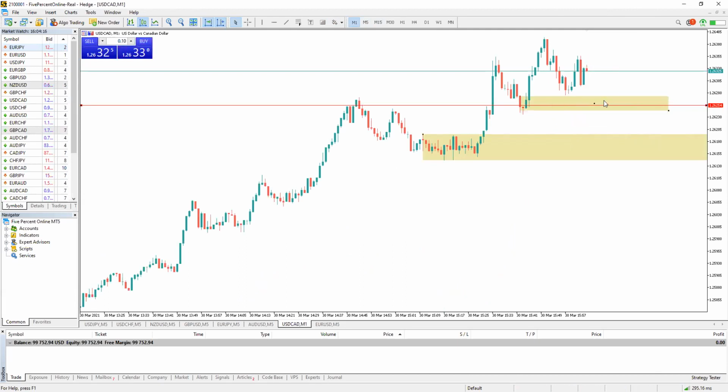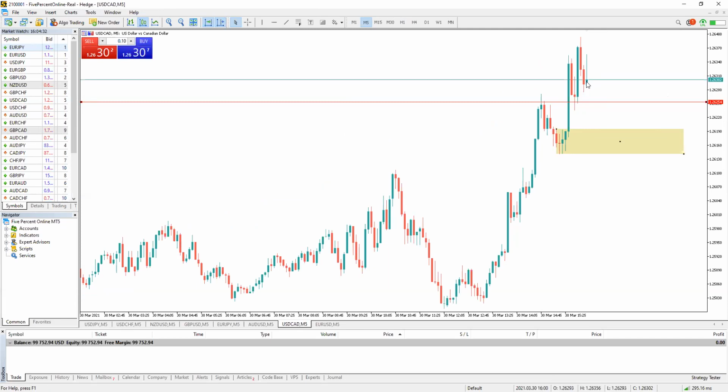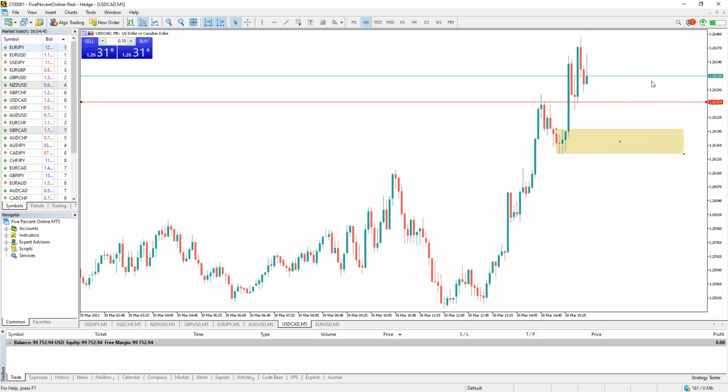So now another touch of that demand might break it to the downside, and this demand here might be a good opportunity to join the uptrend. Okay, so that would be my setup on the USD CAD. So now I need to wait for price to come to this area, and I'll be looking for buying opportunities. And if this gains momentum to the upside, it might continue higher, so that might be a good trade.